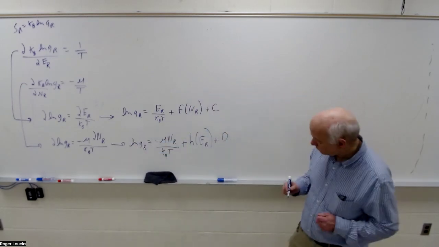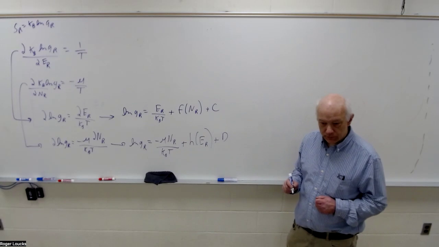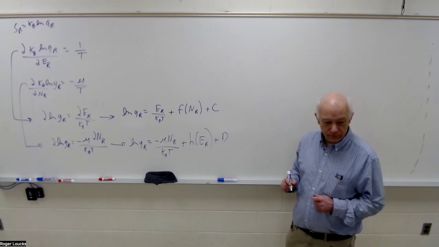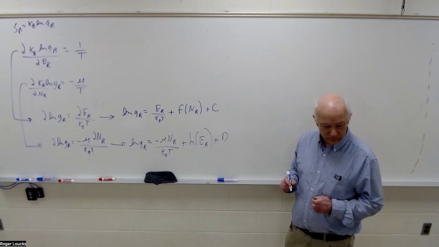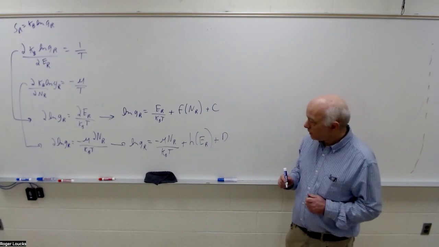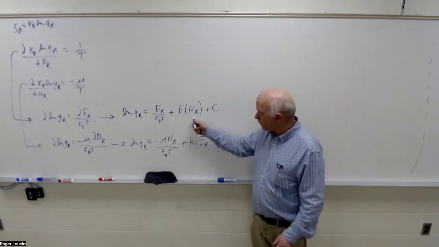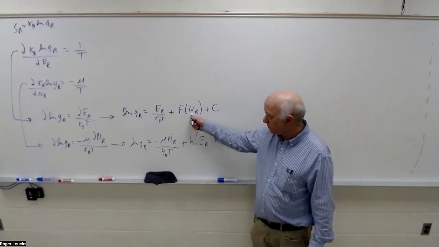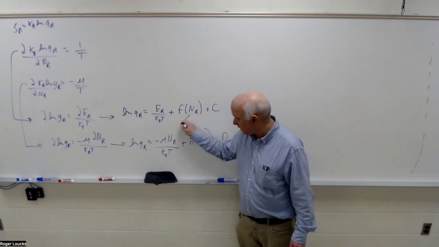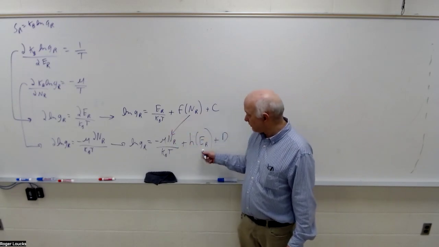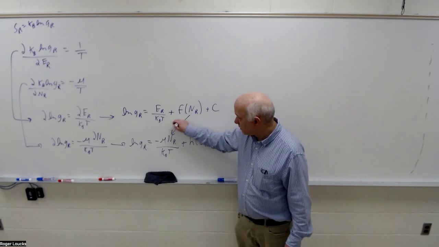Differential equations. Remember that from Calc 3? Differential equations mostly. Calc 3 is more geometry, space. Okay. Good. Then if I compare these two together, this F of NR has to be this guy. And then this has to be this up here.